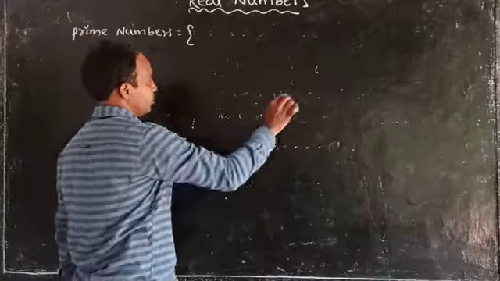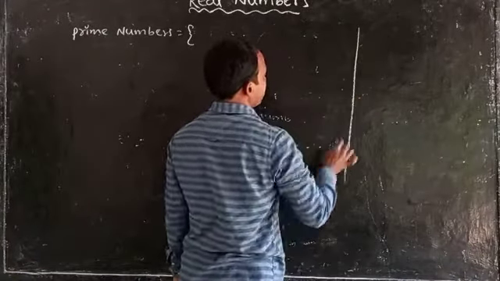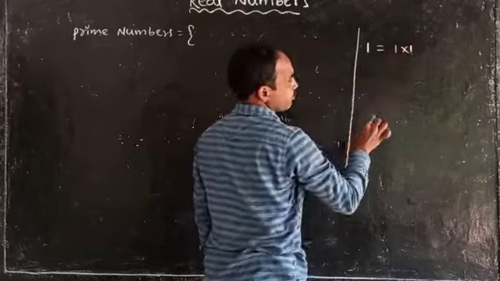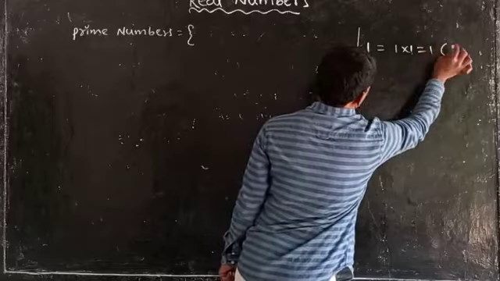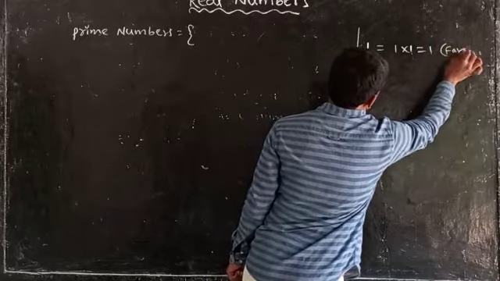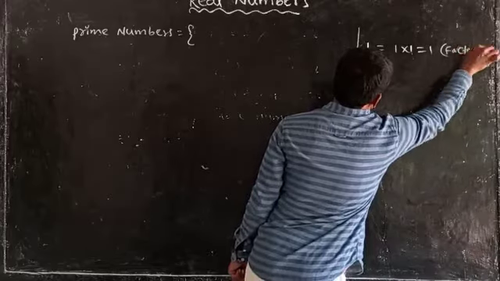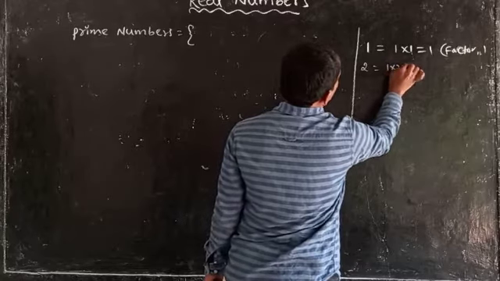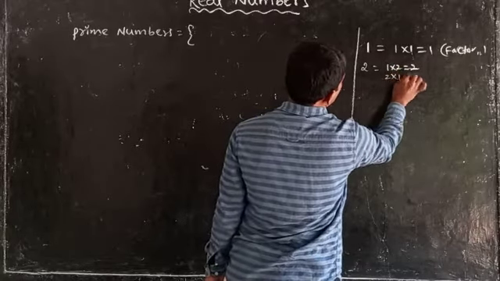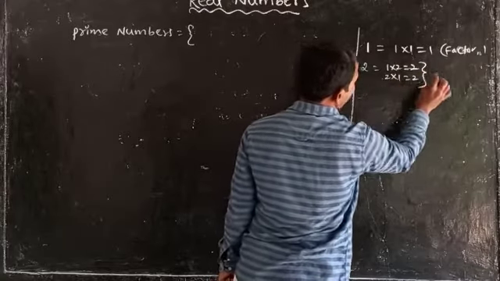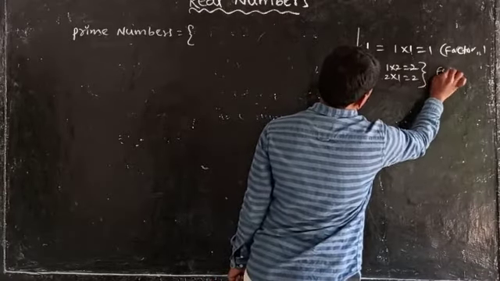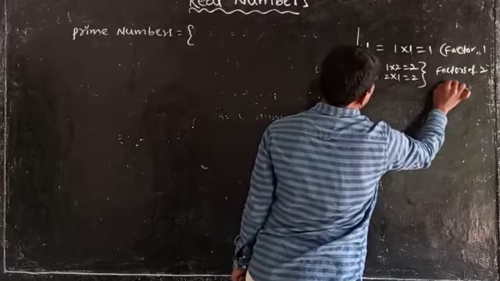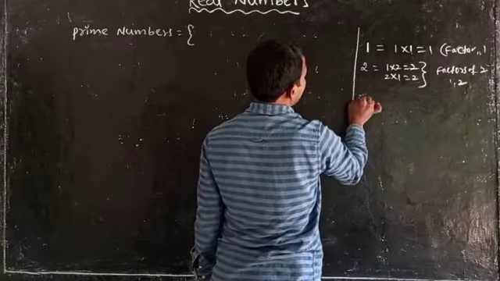For example, 1. That comes in only one table, 1 times 1. So only one factor. Then 2: 1 times 2 is 2 and 2 times 1 is 2. So 2 has two factors, the factors of 2. Then 3: 1 times 3 is 3, 3 times 1 is 3. The factors of 3 are 1 and 3.